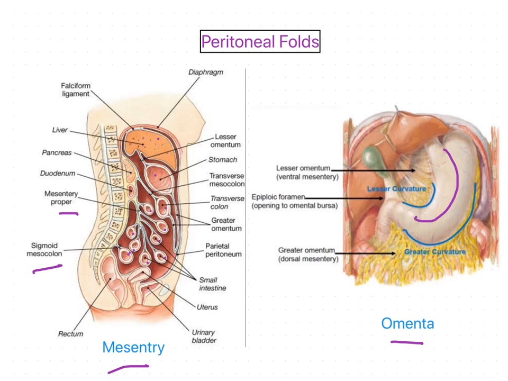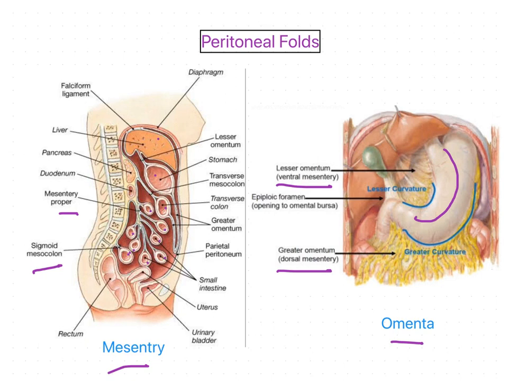One is the lesser omentum, which is seen on the ventral aspect of the stomach, and the greater omentum, which is seen on the dorsal aspect of the stomach. Omentum is a peritoneal fold which stretches between the stomach and other visceral organs.